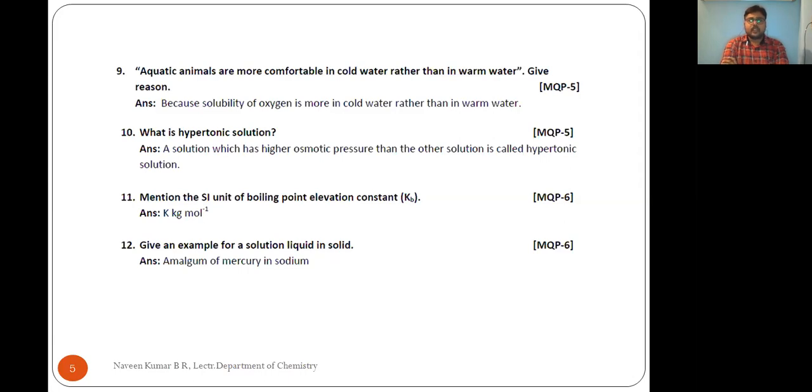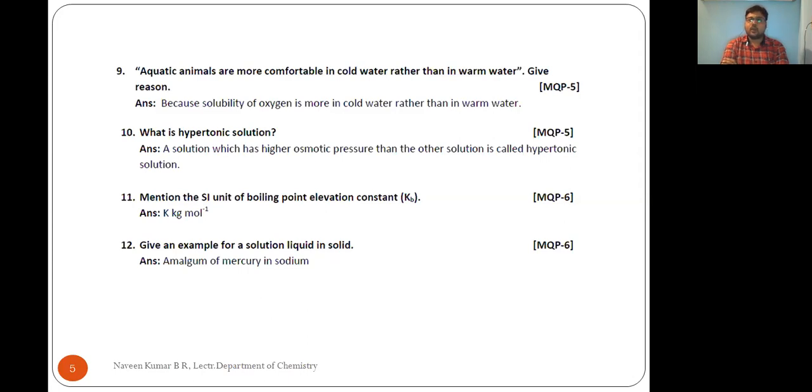We know that aquatic animals, to live in a water environment, require dissolved oxygen for their survival. We know that the dissolution of a gas in any liquid is always exothermic in nature. As dissolution of a gas in a liquid is exothermic, an increase in temperature decreases the solubility of a gas.